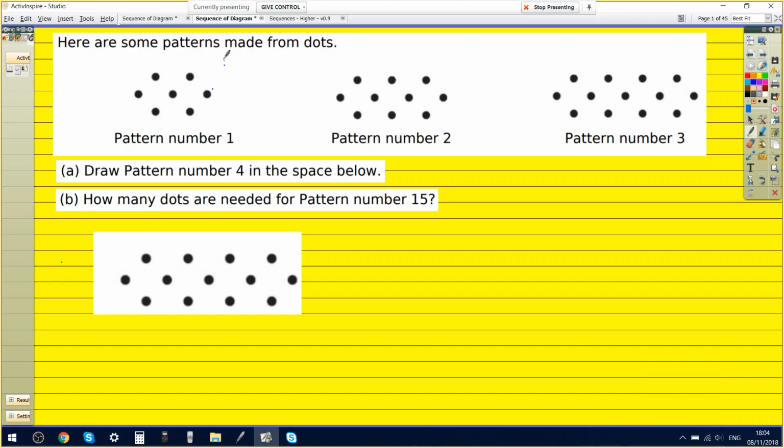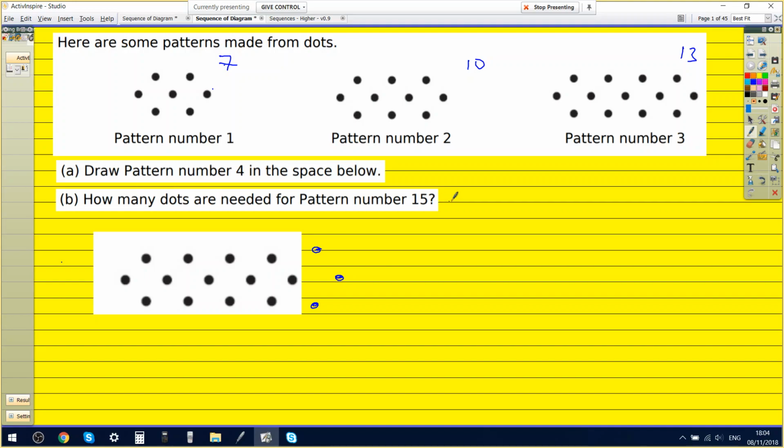Okay, so this one has 7? Yeah, 7, 10, 13. So it's just 3 more, and it looks like it's 1 at the top, 1 at the bottom, and then 1 in the middle, like that.